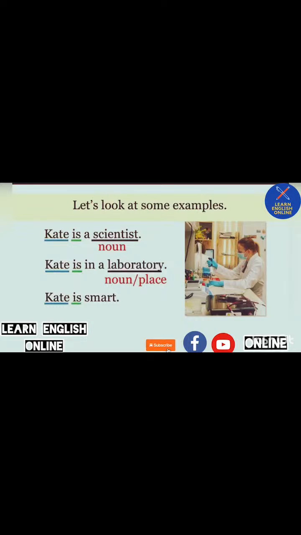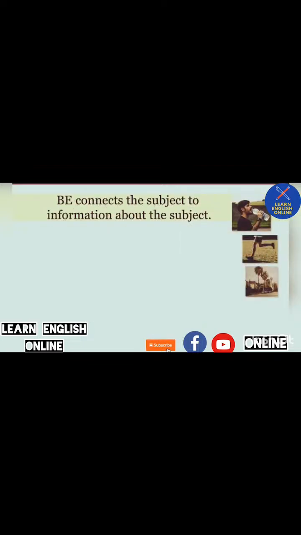Is the be verb that connects Kate to the rest of the information. Here, an adjective that describes her. Kate is smart. Be connects the subject to information about the subject.